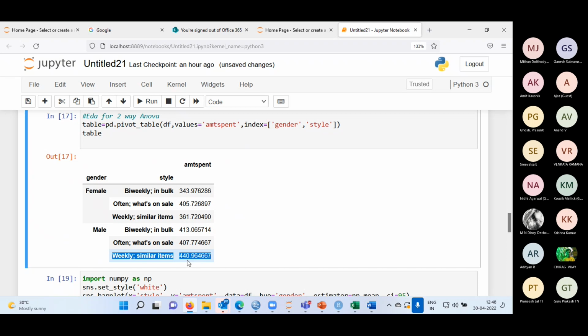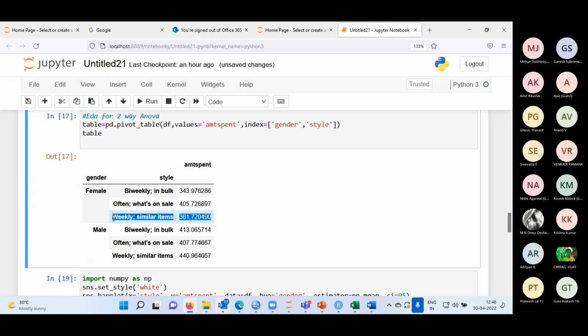Let us say I want to find out which is the cheapest spend. Which segment is spending the lowest? See, this is 440, 407 and 400. Look at the females: 343, 405 and 367. Let me highlight this.